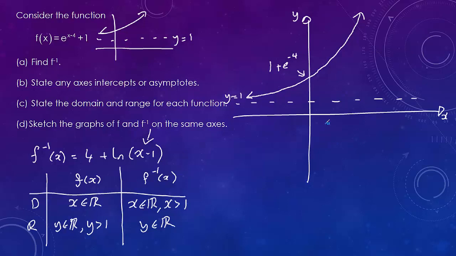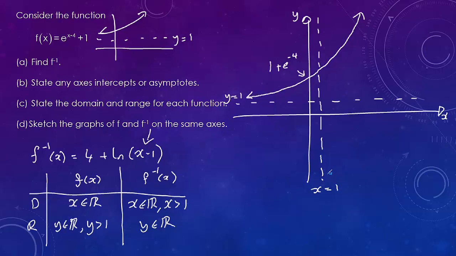Now, that means that the asymptote for the inverse function would be the reflection of this one in y equals x, which is x equals 1. And we can actually see that again by looking at the function.